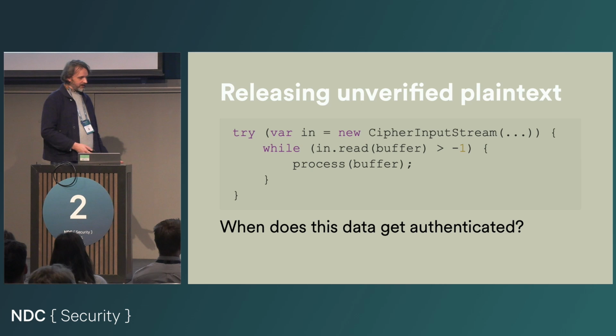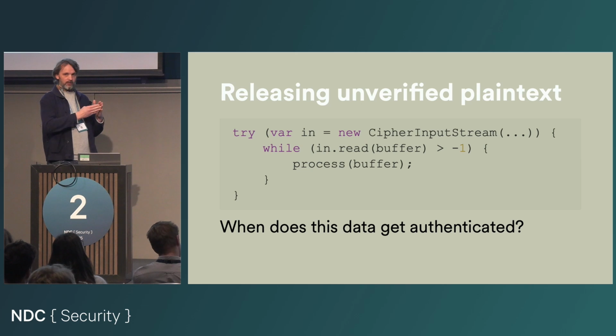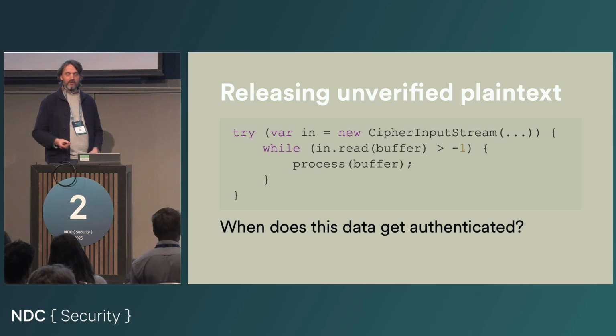And another problem as well is, when does it actually verify that authentication tag? It does it right at the end. The way authenticated encryption works is you encrypt the data and you write it out, and then right at the very end there'll be a 16-byte authentication tag that gets verified.